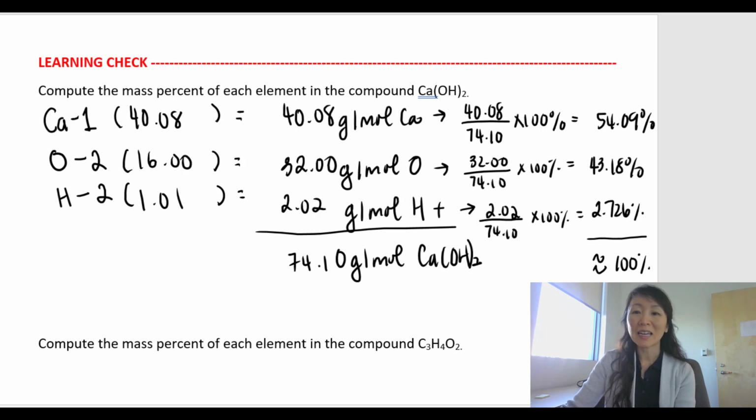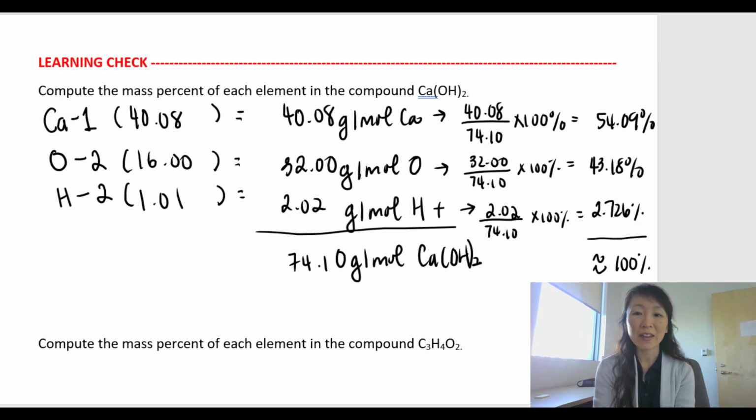Something to note in the end is if you look at all the percentages here, if you add them all up, it should approximately equal 100. It could be 99.89, or 100 and maybe 0.5, something like that. But it will be approximately or exactly 100. So you can always double check your answers if 100% comes out in the end. And if it doesn't, then chances are there might have been a calculation mistake.